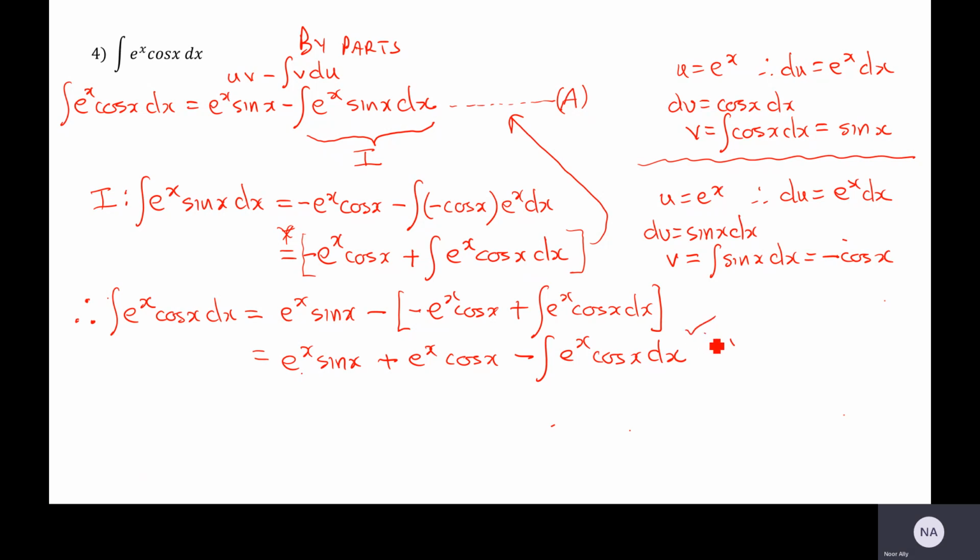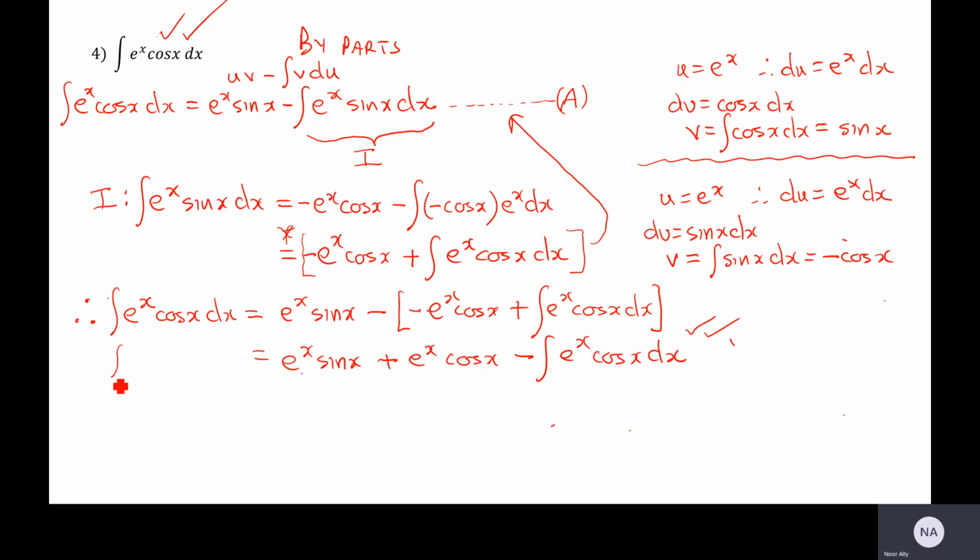Now I must do what here? Oh no, another integration by parts? Well, I'm not going to, and I want you to look at that very carefully. Integral of e to the x cos of x dx. What is it? That's right. It's actually the problem itself. It's the question itself. So how is that going to help me?